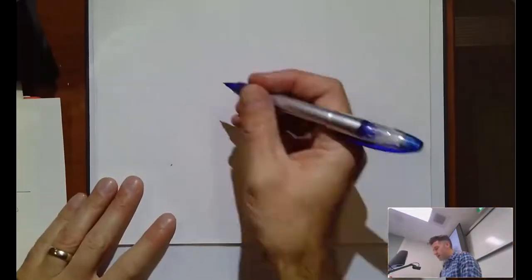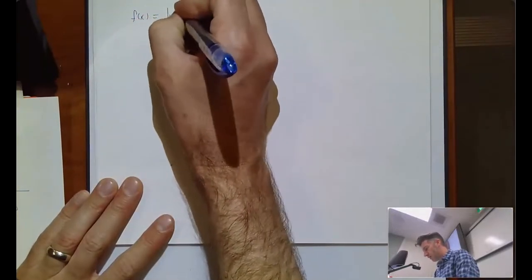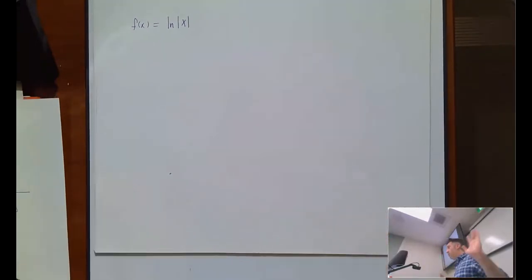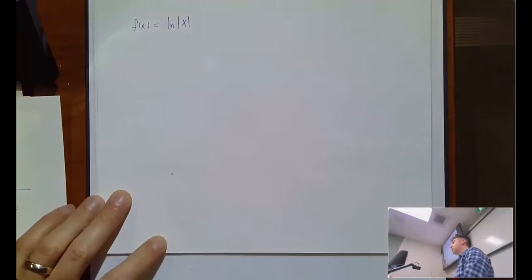Let's take a look at f of x equals the natural log of the absolute value of x. And we're actually going to take the derivative. We already know for sure the derivative of the natural log of x is just 1/x. What we're going to see is it's actually going to be true here as well. So first of all, let's graph this. The natural log of the absolute value of x, here's how you should think of this.